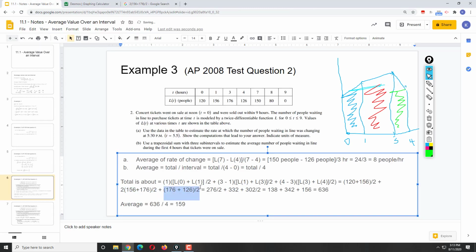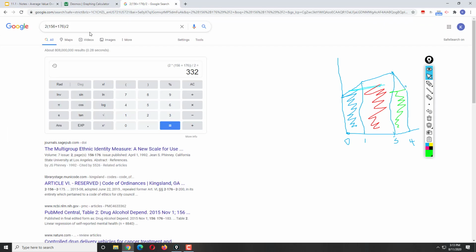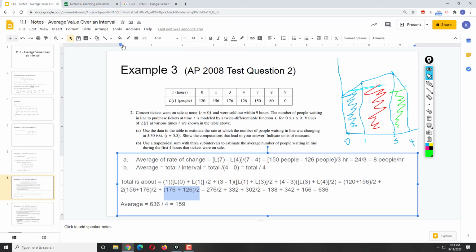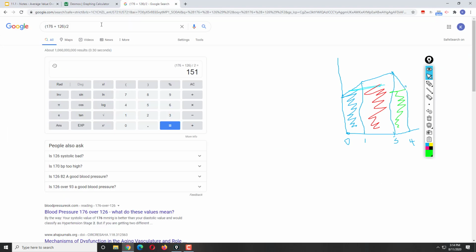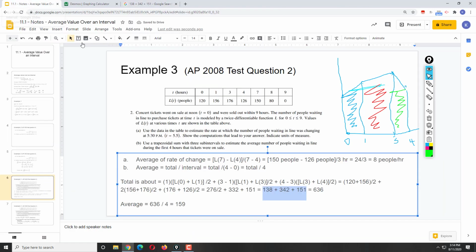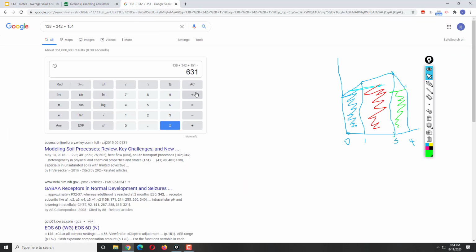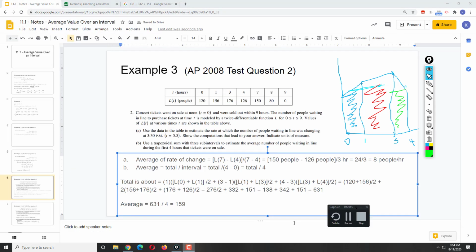The last term, the average of 176 and 126, is 151. So let's correct our mistakes. We're getting 631. So it's really 631 divided by 4. If we do that, we get about 157.75 people.